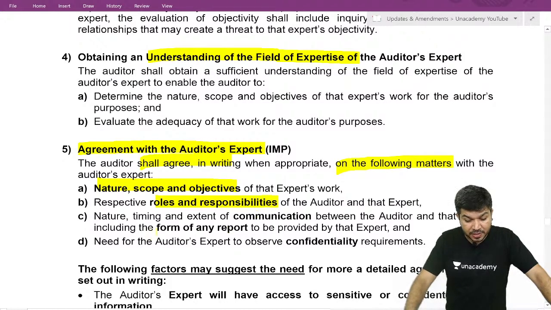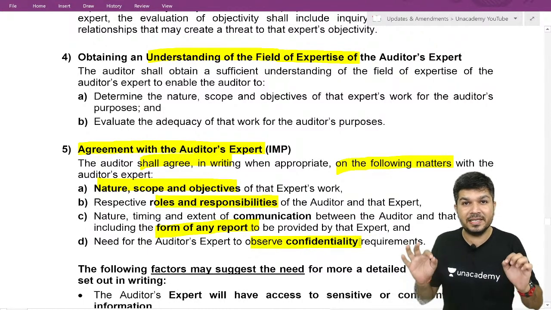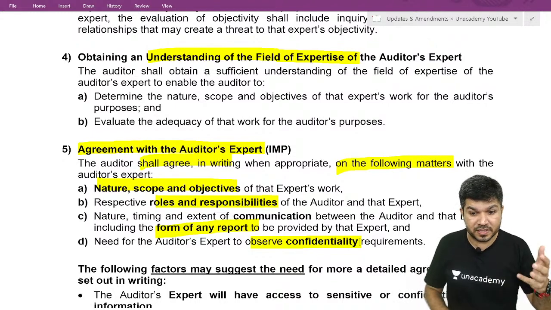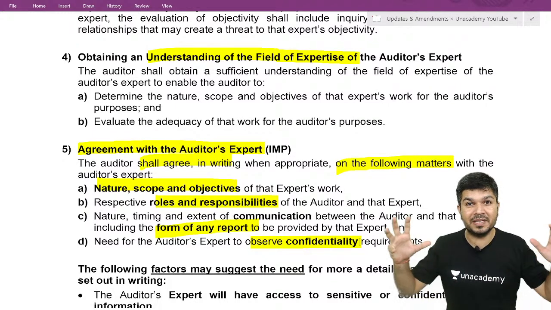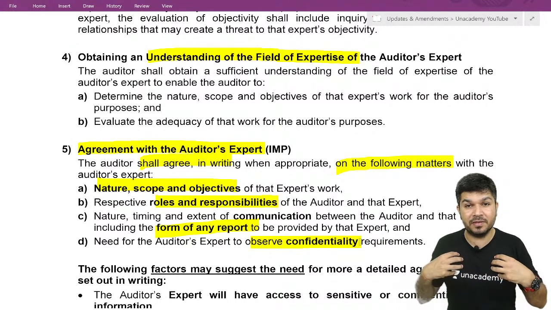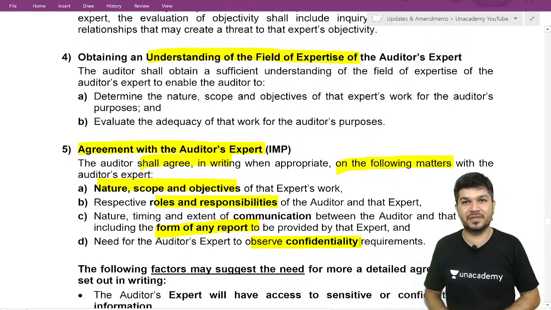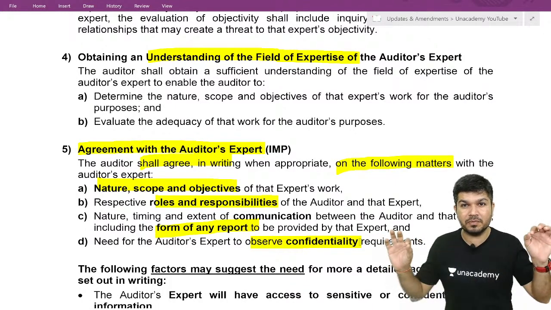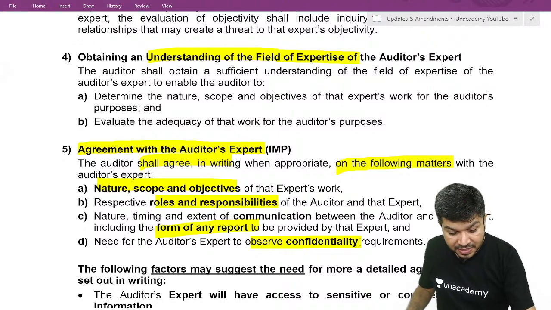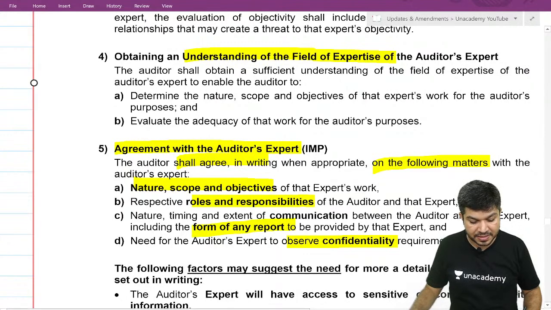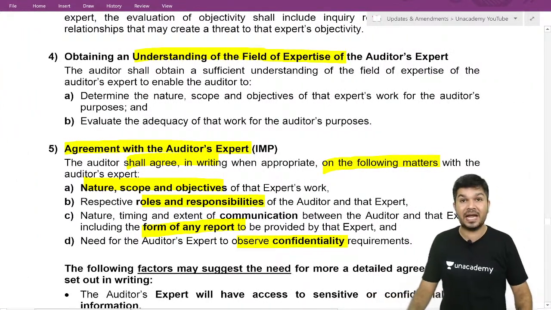How he has to give the report, the form of communication, and he needs to observe confidentiality. The expert will be having access to our client's data. He should not be communicating the client's confidential information to anybody else.